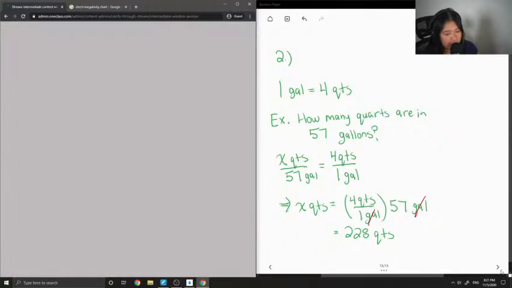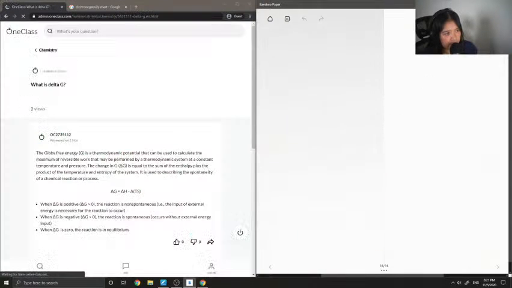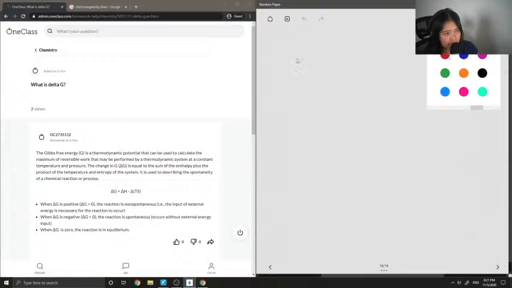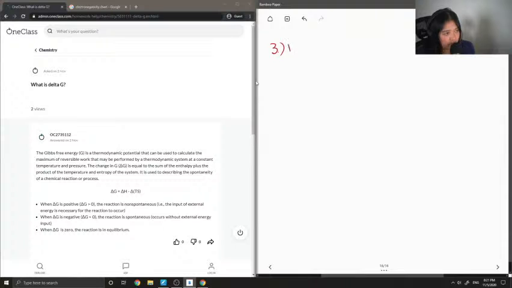Okay, so now I'm going to move on to question number 3. What is delta G? This is a good question. So delta G stands for the change in Gibbs free energy.